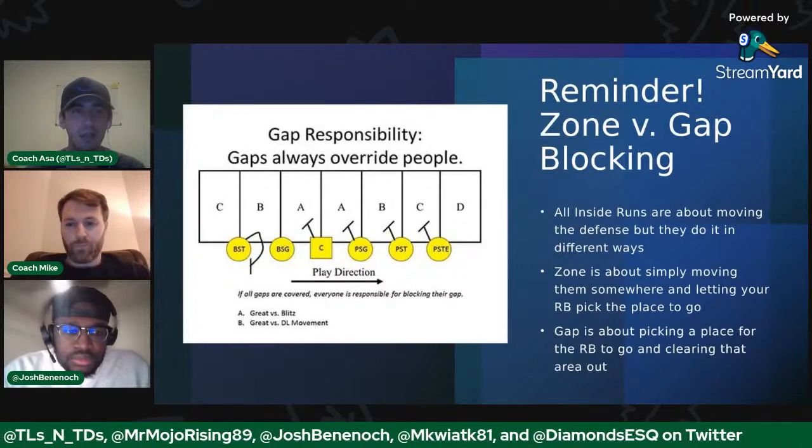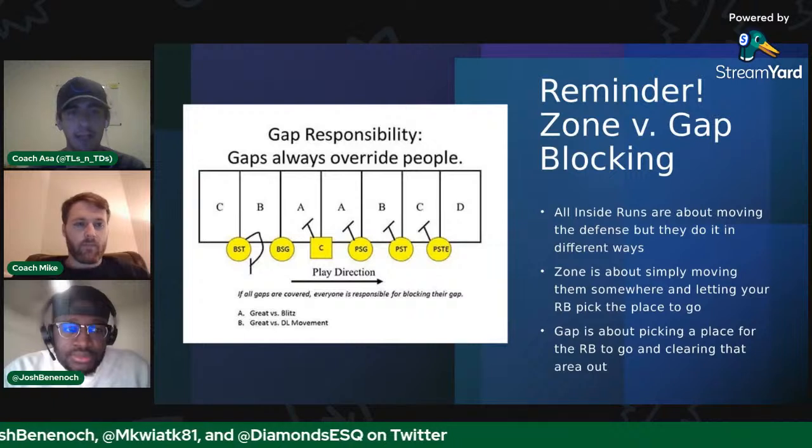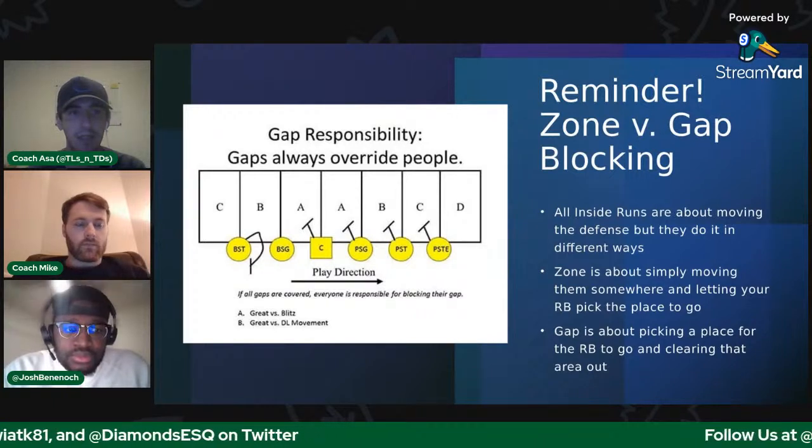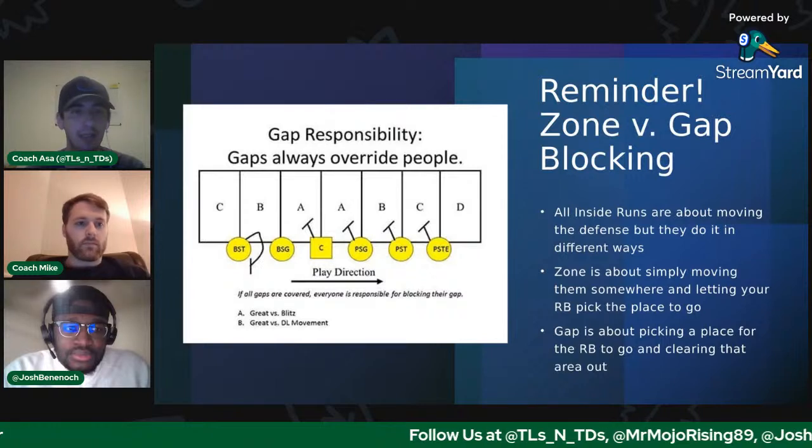So Coach Josh, when you see zone blocking from a defensive perspective, like Mike was saying, as opposed to gap blocking, what was a way that you tried to beat a zone block?